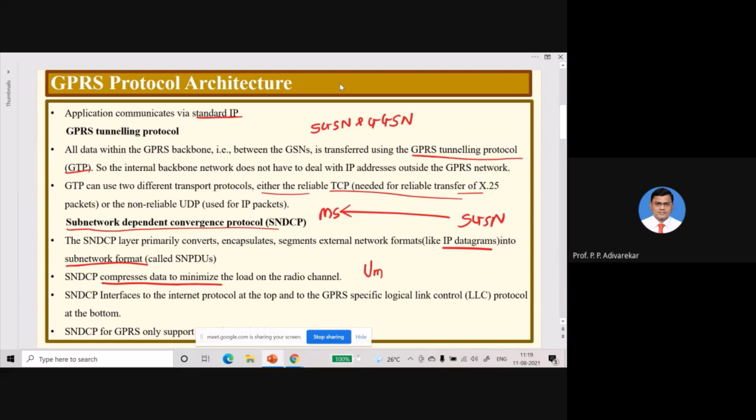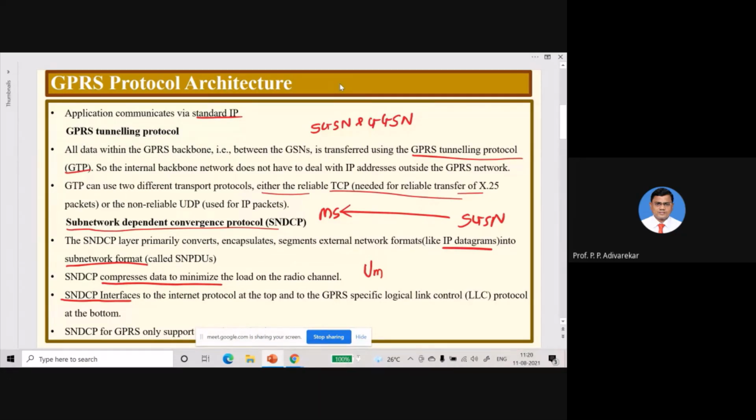Then the next is the logical link, that is the wireless link used for data communication between the mobile handset and the BSS, and further from BSS to SGSN. That also has different formats, obtained through the SNDCP interface by converting the IP datagram PDUs into a form transferable by LLC.